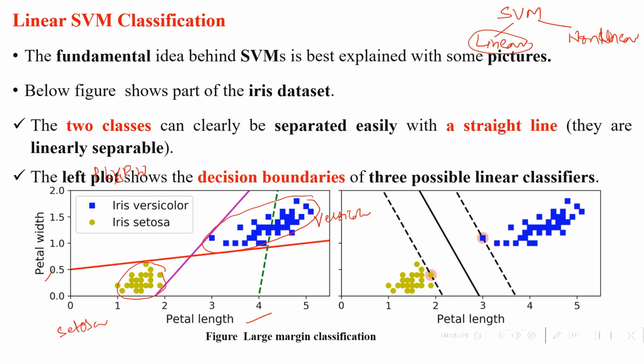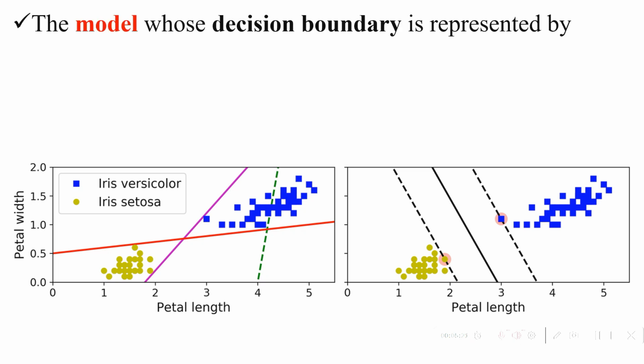Now in this diagram, the model whose decision boundary is represented by the dashed line is bad. Why? Here, the green line is the dashed line, and it is one type of bad decision boundary.